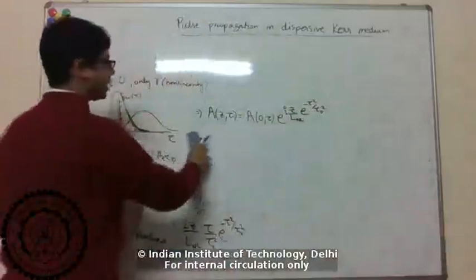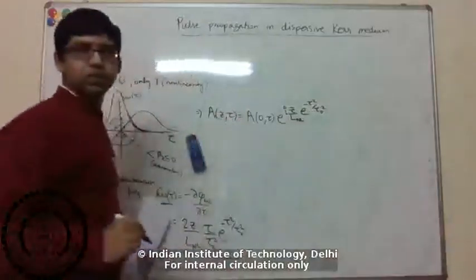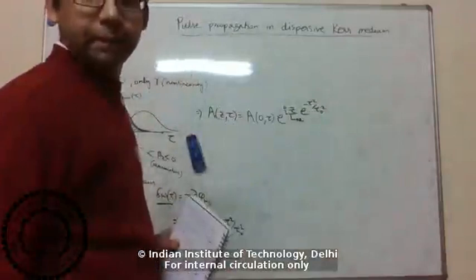To see what happens to the spectrum, you have to go to the frequency domain, which means you have to take the Fourier transform, right?